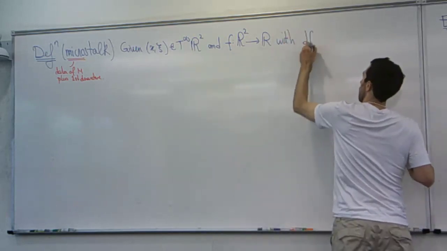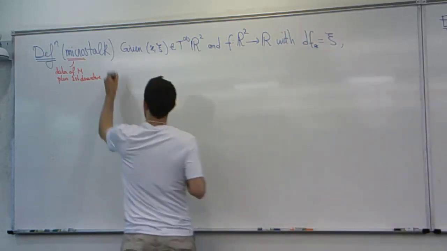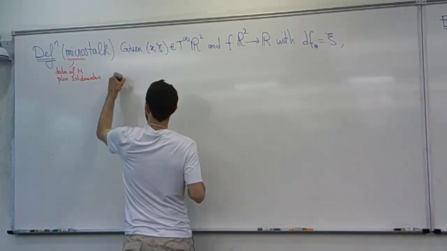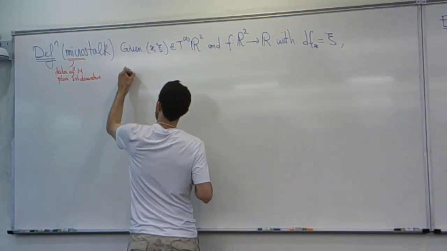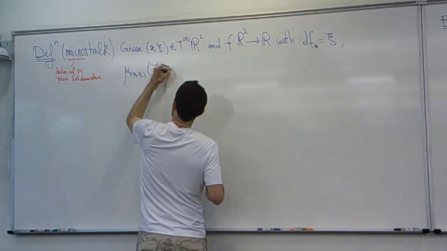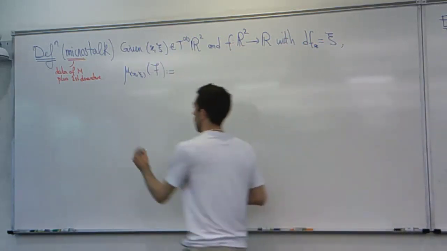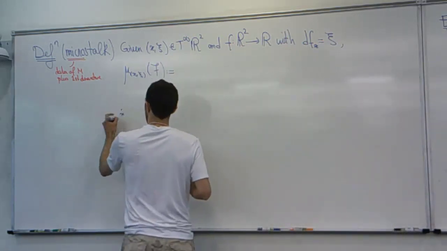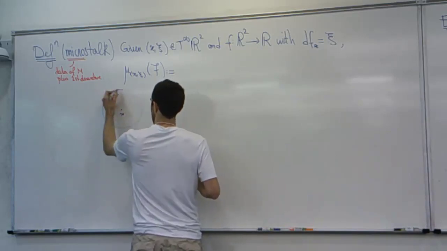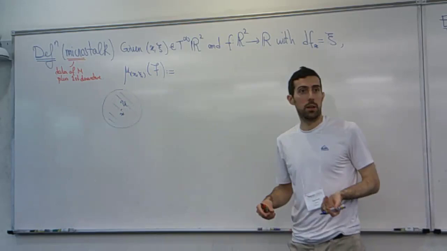The microstalk is usually defined as mu sub x xi of a sheaf F. It's the following measurement. Intuitively, you have your point x in here, and you can have an open ball U. And now you compute sections.